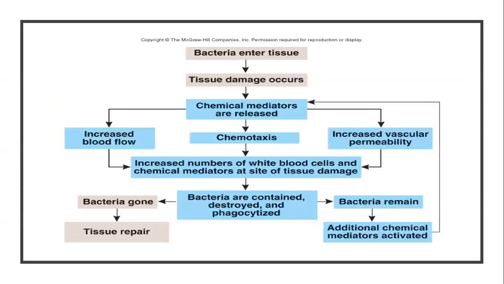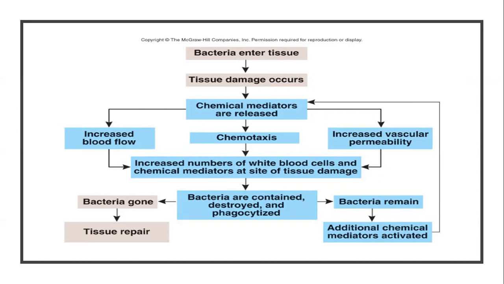Yan. So when the bacteria enter the tissue will be damaged, and that will cause the release of the chemical mediators and increases blood flow and increase the vascular permeability. This will also stimulate chemotaxis and will increase the number of the WBC and chemical mediators at the site of tissue damage.